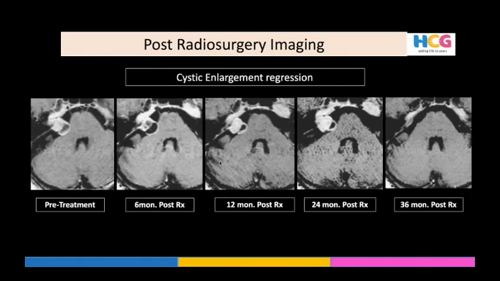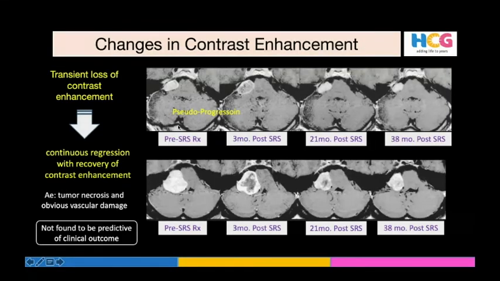Now, let me draw your attention to what really happens after radiosurgery. There will be some kind of cystic enlargement which regresses. And it's also very important that the contrast enhancement patterns keep varying post radiosurgery. You can see a transient loss of contrast enhancement followed by a continuous regression with recovery of the contrast enhancement.